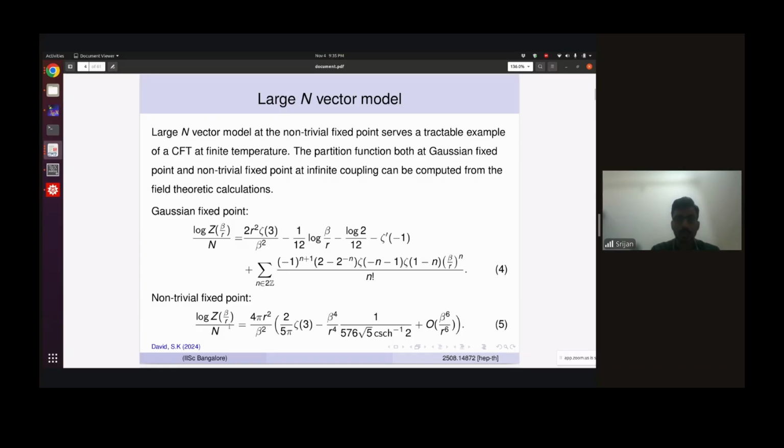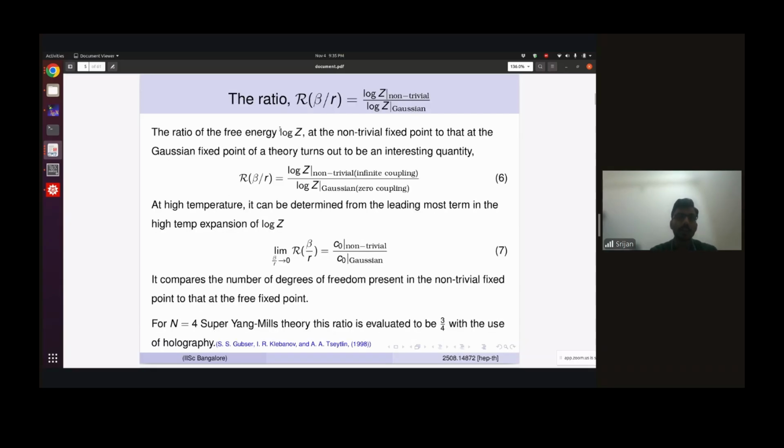Now let me also define a ratio of the log Z at the non-trivial fixed point divided by log Z at the Gaussian fixed point. This ratio should also be a function of beta by r, as both the numerator and the denominator are functions of beta by r.